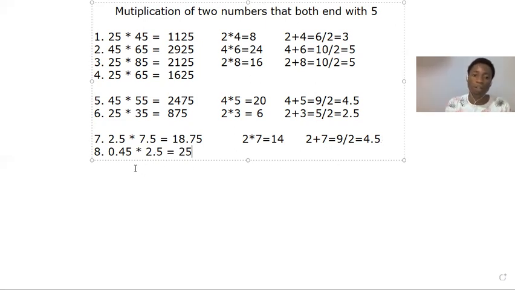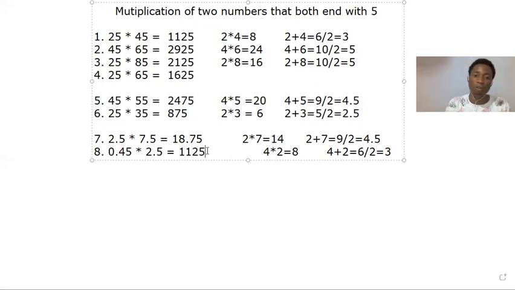We have 25 at the back, we forget the decimal point first. So what do we have? 4 times 2. 4 times 2 is equal to 8. Good. Then we have 4 plus 2. 4 plus 2 is equal to 6. We divide the 6 by 2. So we have 3. Good.